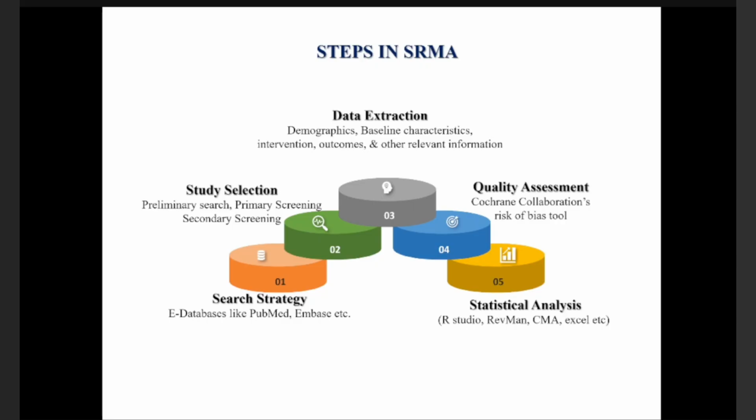The first step before starting a meta-analysis is to register the protocol, meaning what we are going to do. We can do another session on how to register our protocol.